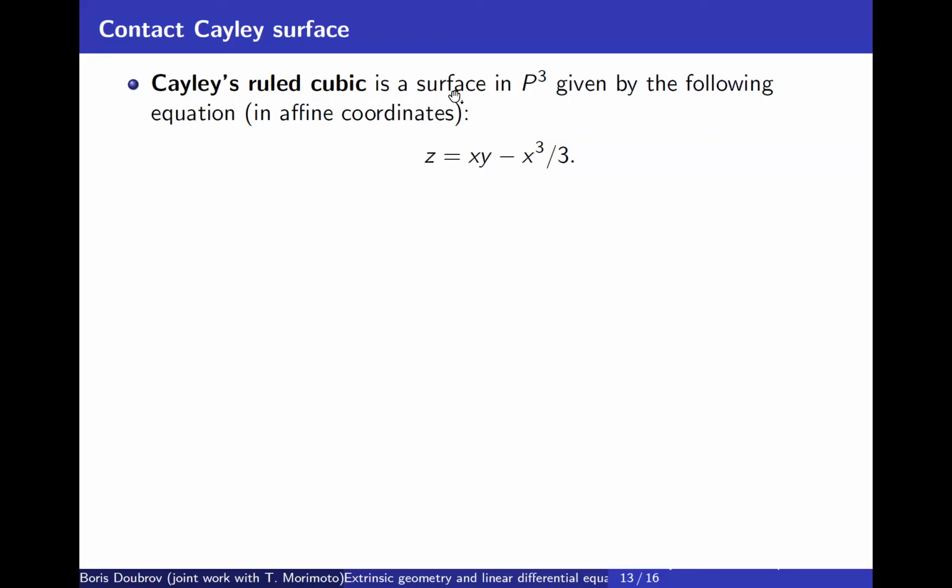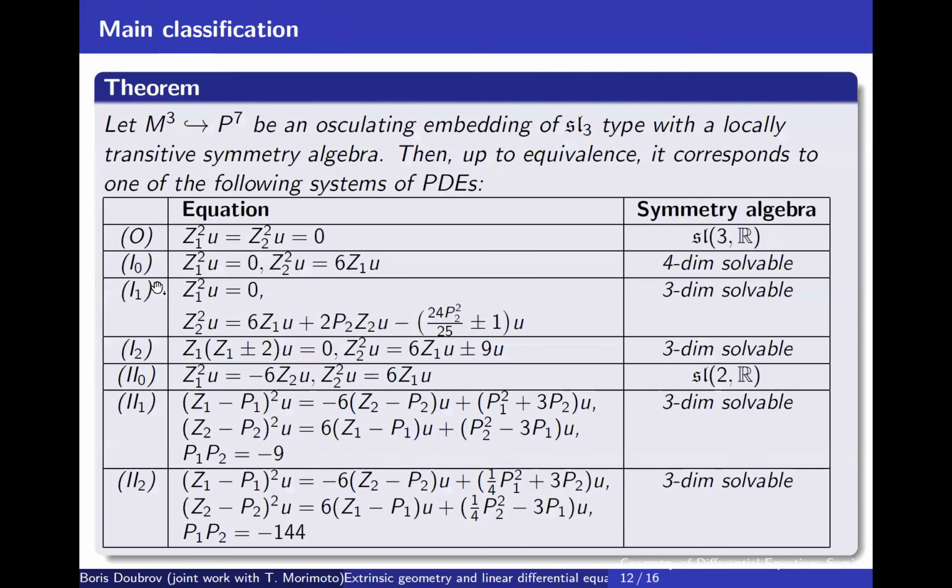What is osculating? Yeah, we use the term osculating for the embedding. So sorry for going back to the questions, but probably it makes sense. Yes. So we say that such embedding is an osculating embedding of SL3 type if the osculating spaces of such embedding result in the embedding of M3 into the flag variety of dimensions 1, 3, 5, 7.